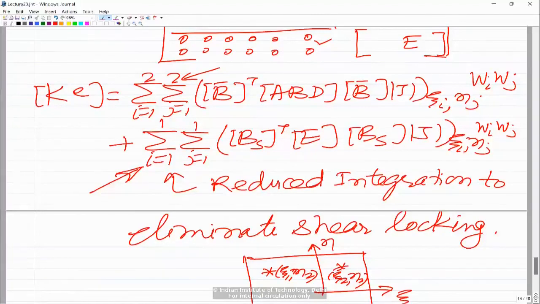I want to stop here. In the next class, there is stability also in your syllabus. I won't be able to cover dynamics, there is no time to discuss dynamics. I will just introduce you to how to solve stability problems, that is buckling problems, and I will also discuss some of the practical problems which are done using software.